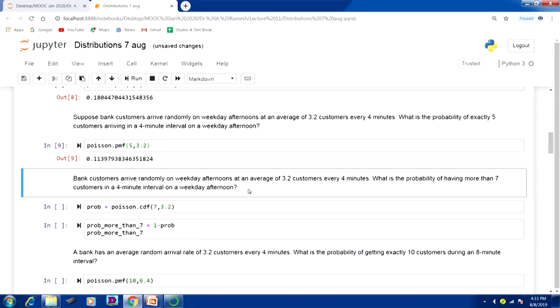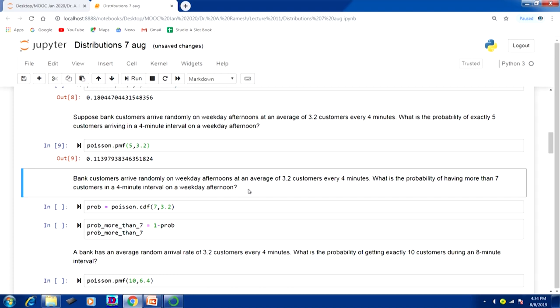Bank customers arrive randomly on a weekday afternoon at an average of 3.2 customers every 4 minutes. What is the probability of having more than 7 customers in a 4-minute interval on a weekday afternoon? So, here we have to find the probability of x greater than 7.